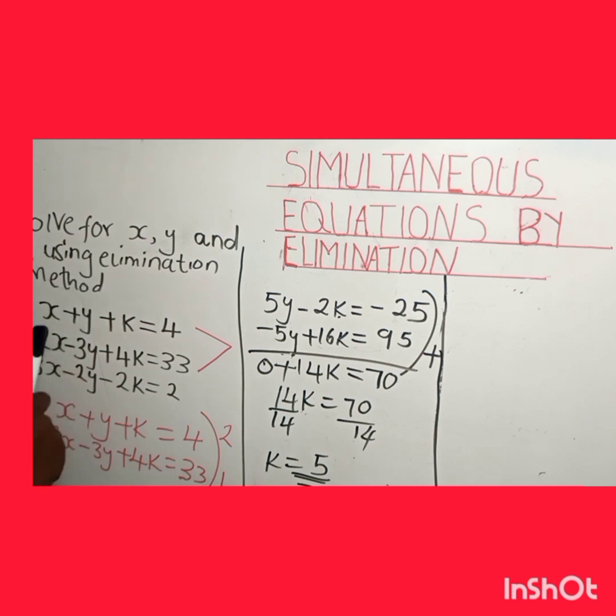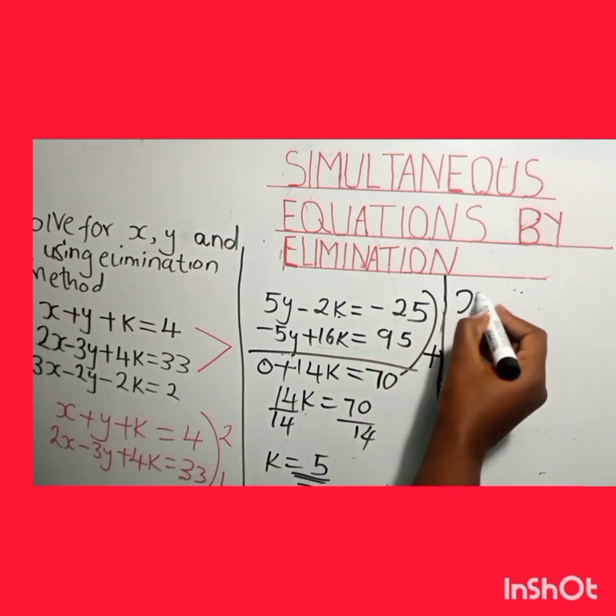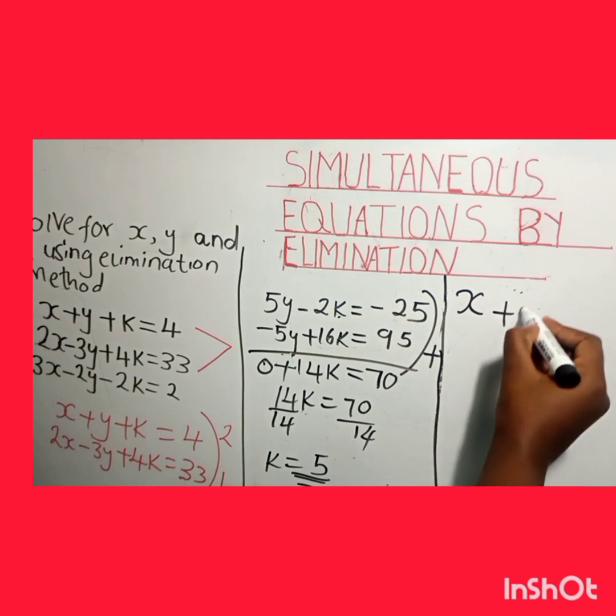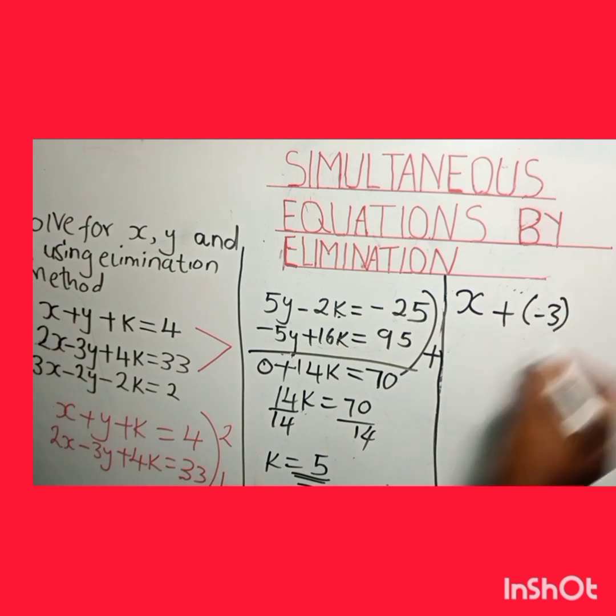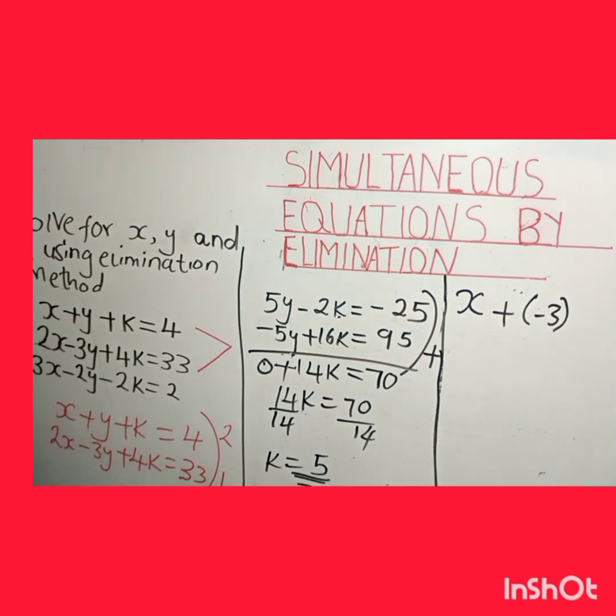This will give you the value of this x. So let us replace in the first equation, I will have x plus y, and y is minus 3. Then plus k, and k is 5, is equals to 4.